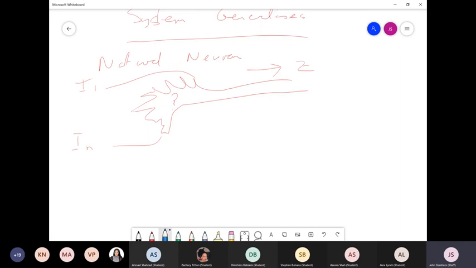Now, it is known that the information on the inputs and the outputs are electrical voltages, and in general, we can identify two conditions on any line in or out of a neuron. The line is either firing or not firing.